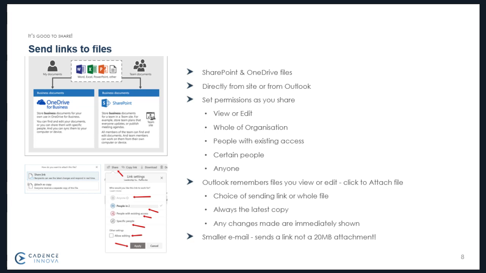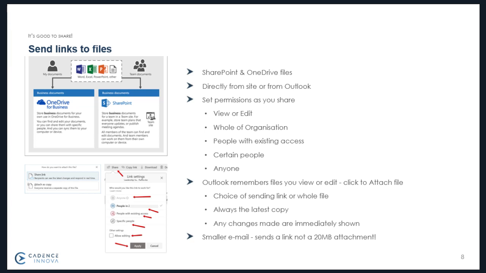And B, of course, they're always seeing the most up-to-date version. And then C, of course, everyone can co-author and work on exactly the same file instead of sending a whole bunch of the same file around the place, asking people to fill in different bits or all in one type of place. It also means that you're sending a very small mail with just a link in it, as opposed to sending a 20 or 30 megabyte attachment, which some organizations may restrict you from sending or receiving. And so that helps as well.